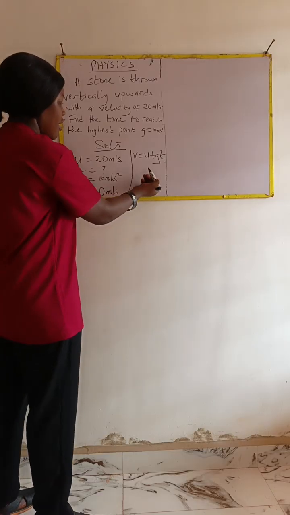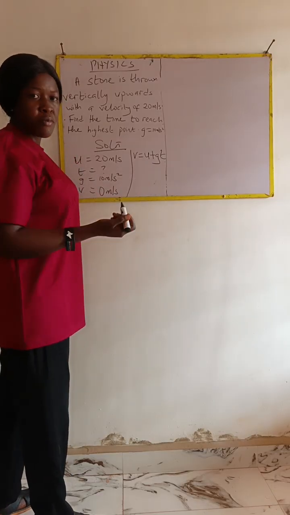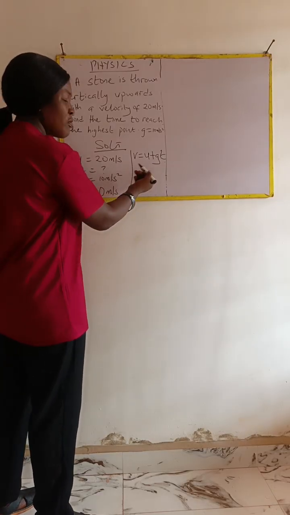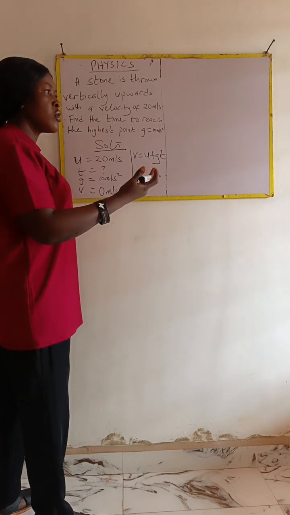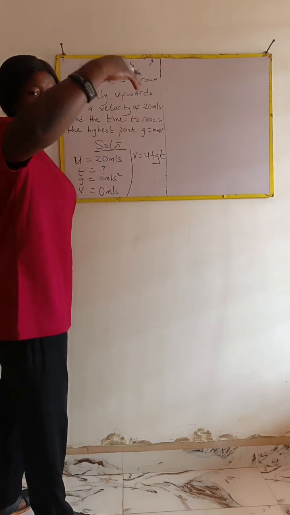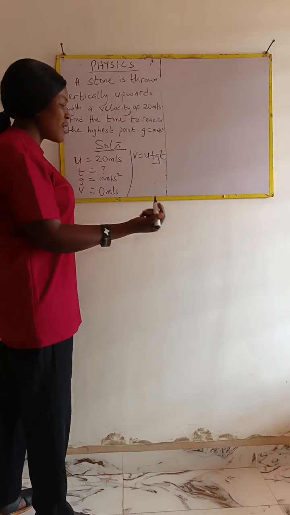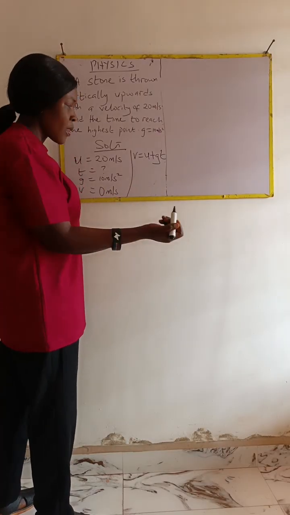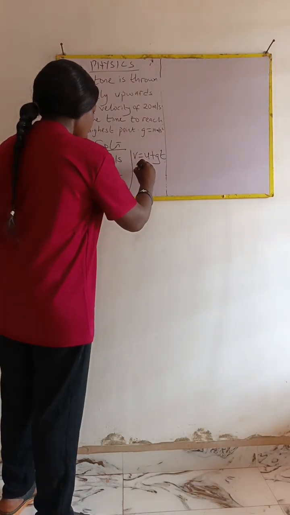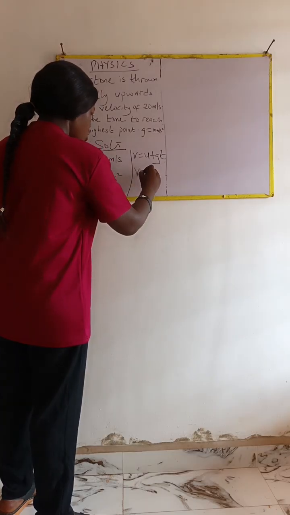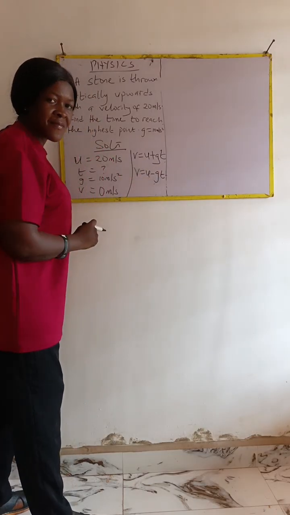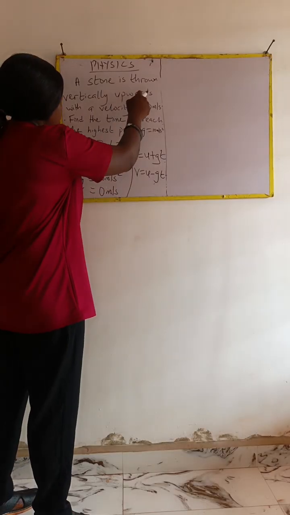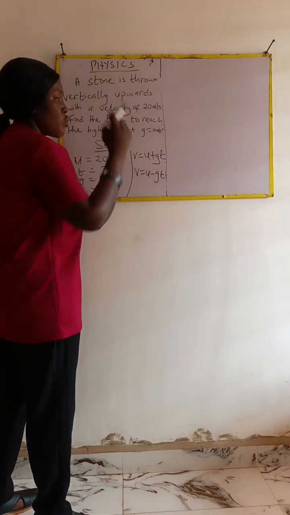That means our g will be positive. But when you are throwing it from down to up, the force of gravity will pull the stone down. That will make it negative. In the sense that I'm going to use the formula v equals u minus gt, because a stone is thrown vertically upwards.